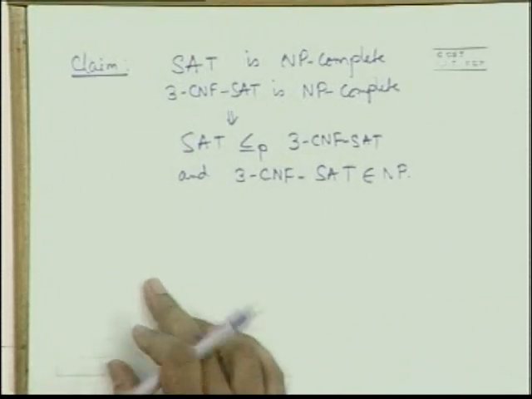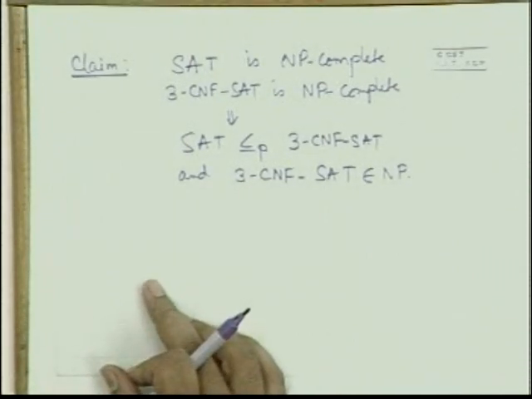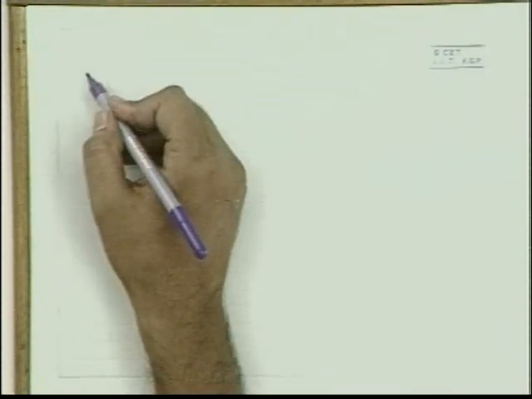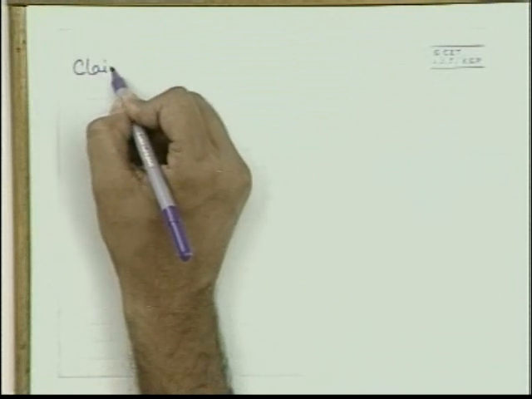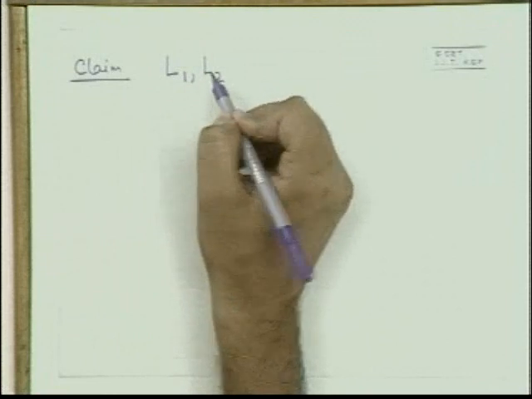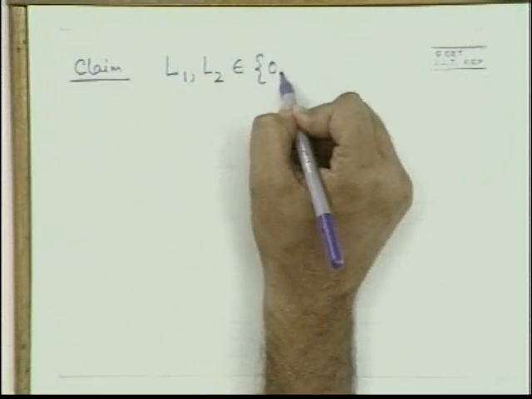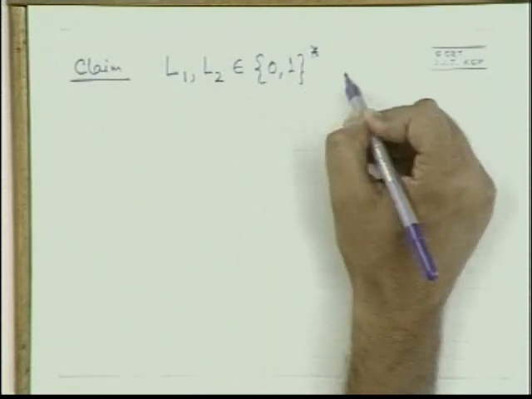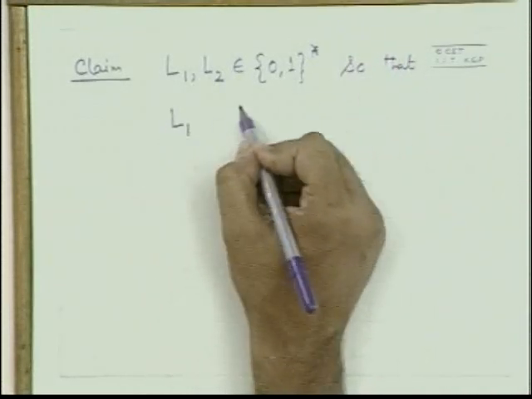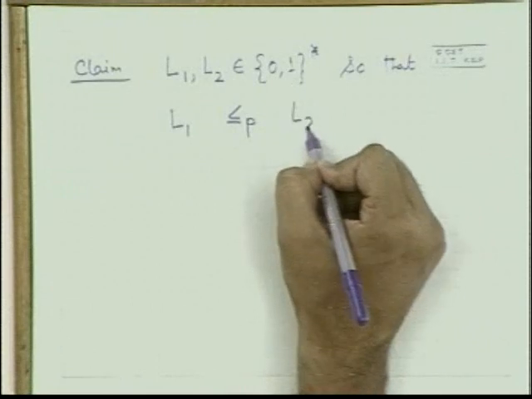Okay. Now let me tell you how to prove something NP complete, a little bit more elaborately. First of all, this is the claim. Suppose L1 and L2 are two languages so that L1 is polynomial time reducible to L2.